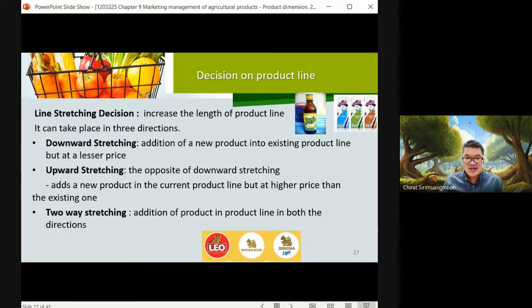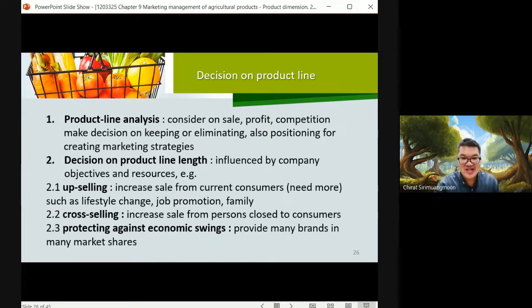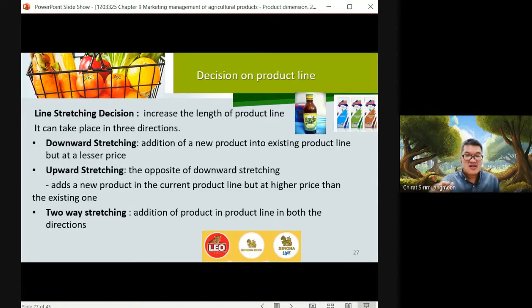Decisions on line stretching. Line stretching is where you also increase the length. The first one, you increase the length, but you make the decisions in terms of the resource and the objective. But for the line stretching decision, you think in terms of the result.